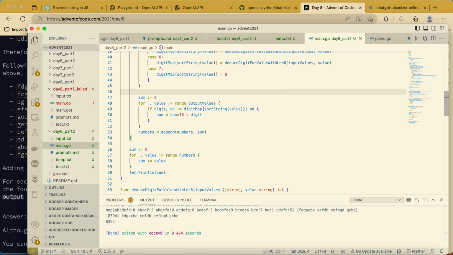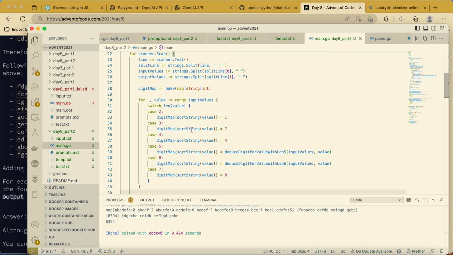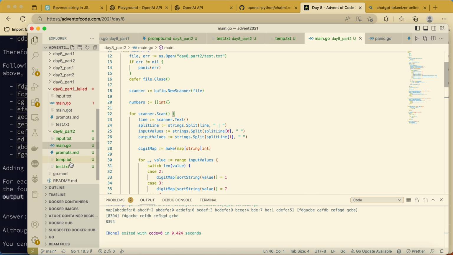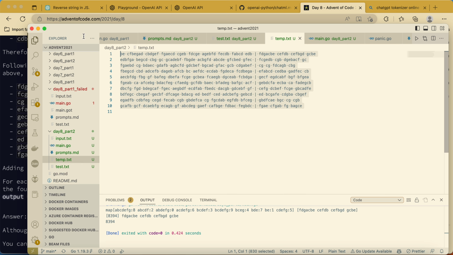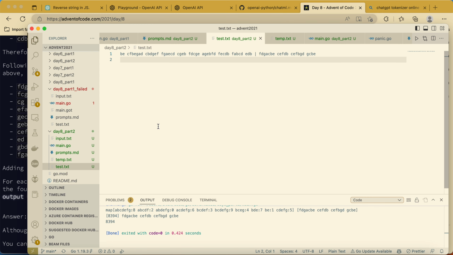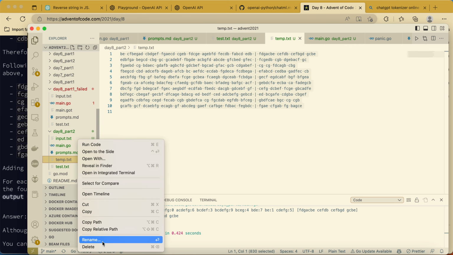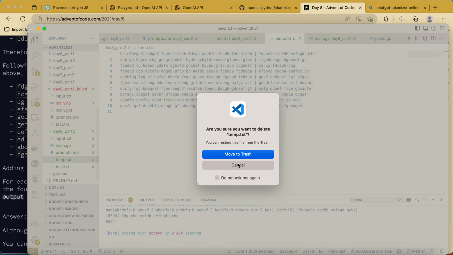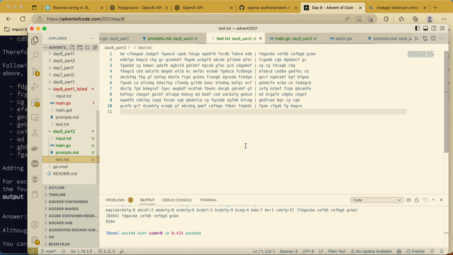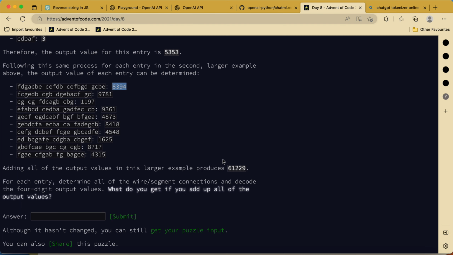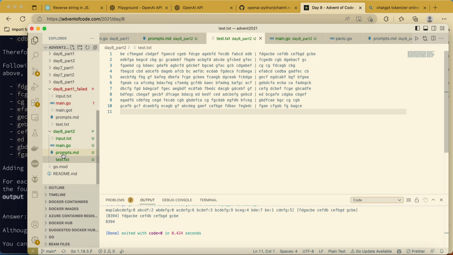And the last bit that we want to do is having this temp file, and that's what we'll expect, 61,000.